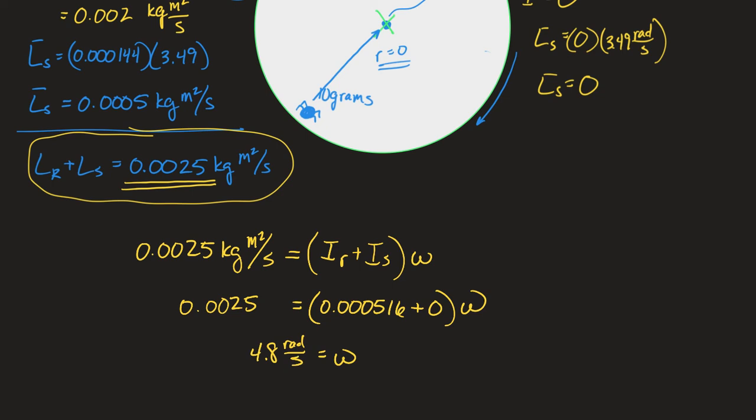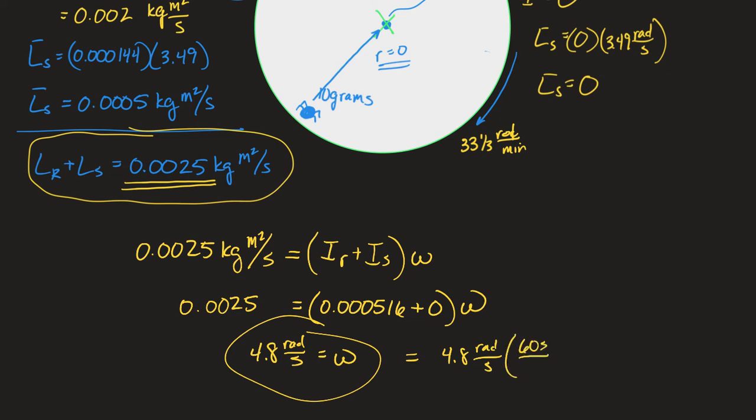Now, it doesn't seem like a big change, but it was 3.49, and now it's 4.8. So, just to make a comparison, it was spinning at 33 1/3 rotations per minute. But now, at 4.8 radians per second, that's 4.8 radians per second times 60 seconds for every 1 minute, and for every 1 rotation, 2 pi radians.